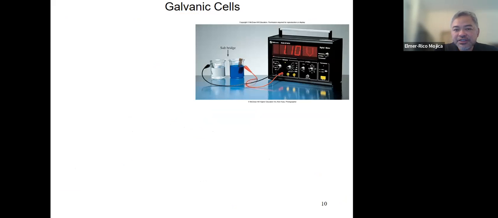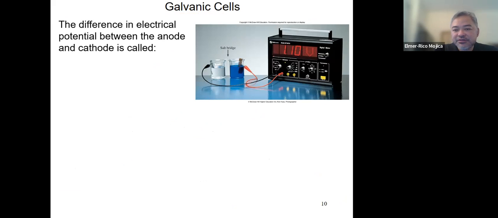So, usually if you have a galvanic cell, as I told you, that is your battery. Okay? And I would say that's one of the greatest contributions of chemistry to civilization. Okay?